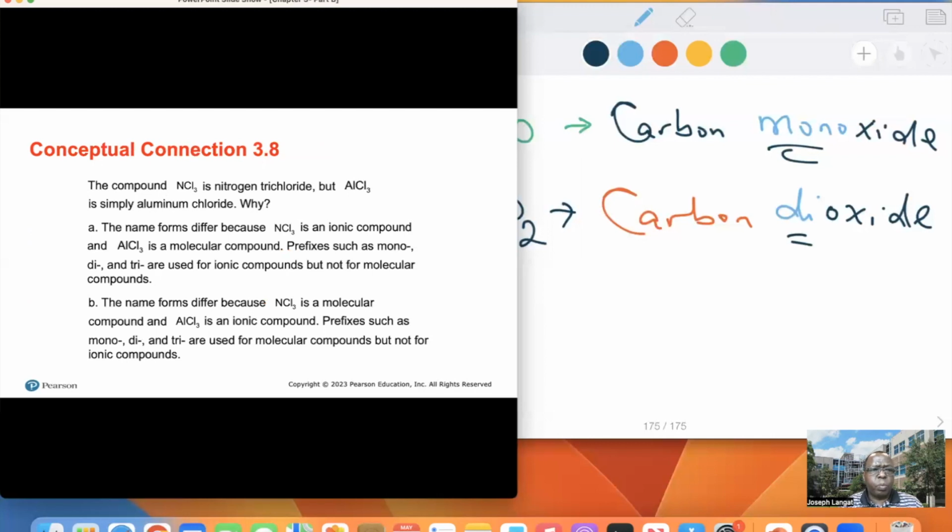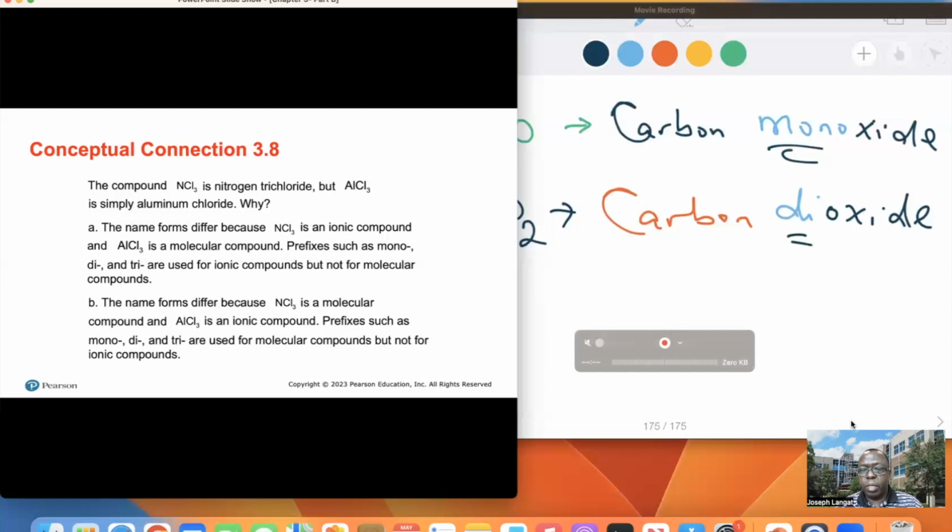This is a conceptual question, conceptual problem number 3.8. The compound NCl3, those are two nonmetals, is nitrogen trichloride. Look at the word tri, which means we have 3 chlorine, but AlCl3 is aluminum chloride. This is because you have to distinguish between molecular and ionic compounds. This is a molecular compound, whereas this one is an ionic compound.